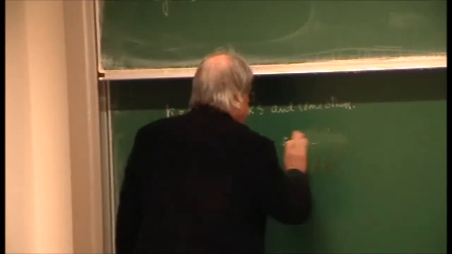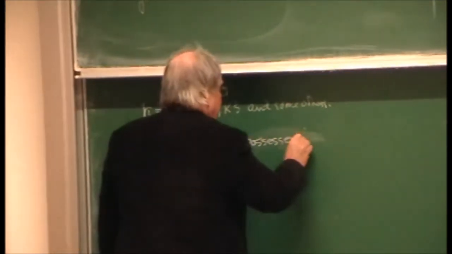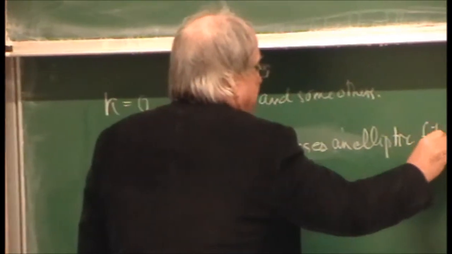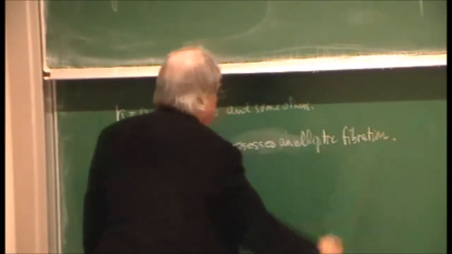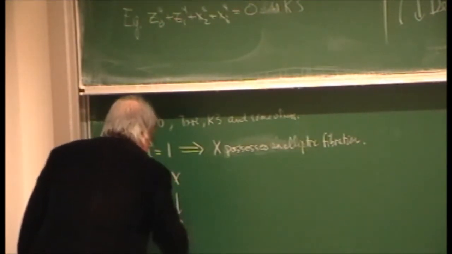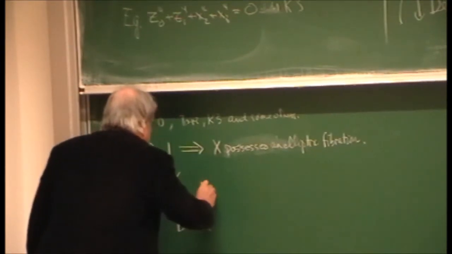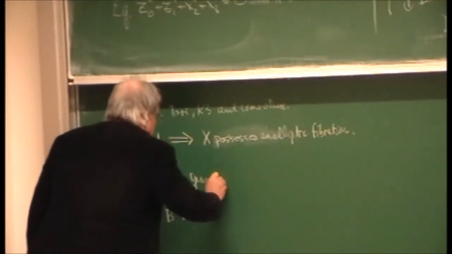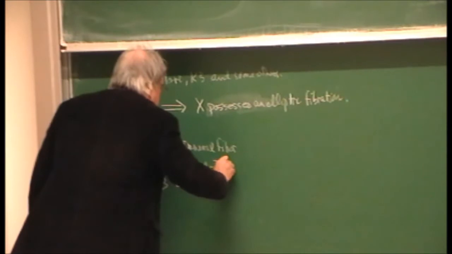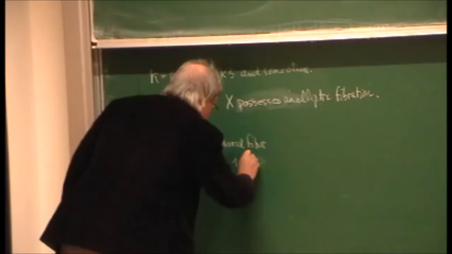Let me just put it this way: X possesses an elliptic fibration, and what that means is it's a fibration over a base, which is a curve, and the general fiber is a one-dimensional torus.